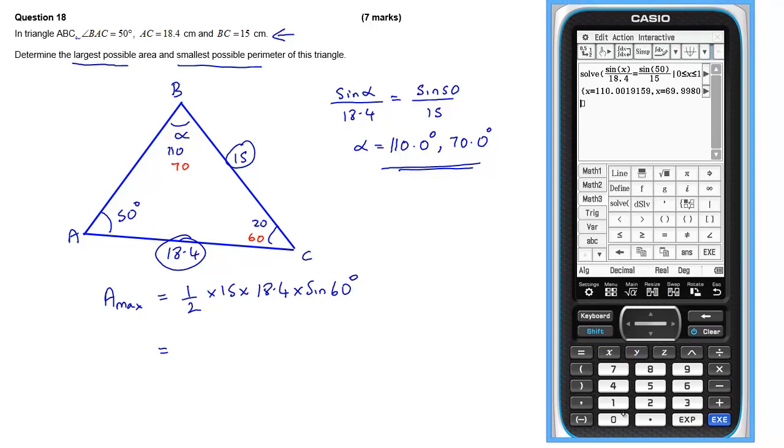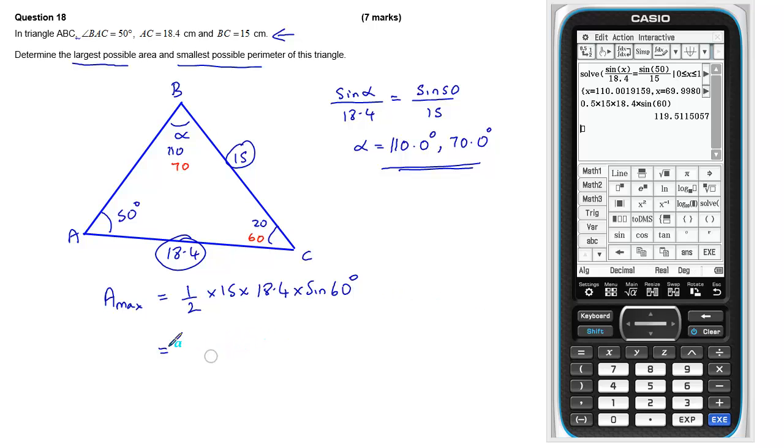So 0.5 times 15 times 18.4 times the sine of 60, still in degrees, that's all good, so 119.5 centimetres squared. I'm giving that to 1 dp.